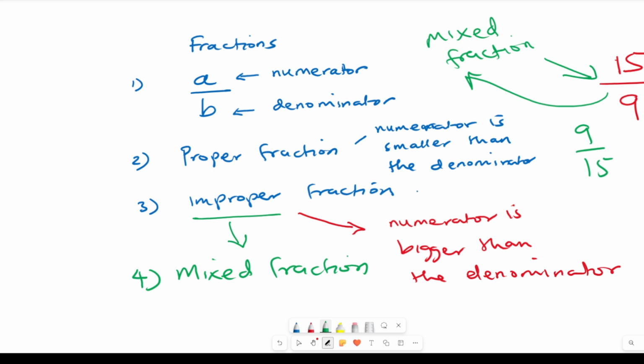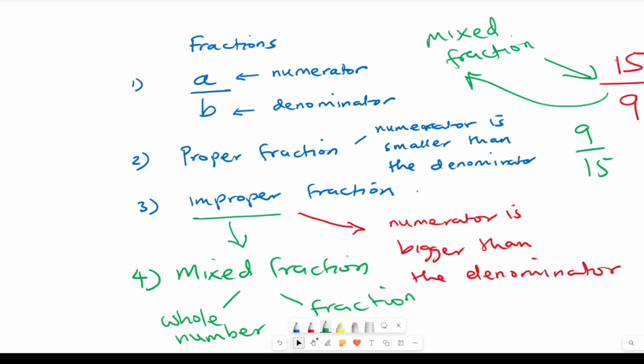A mixed fraction simply is a combination of a whole number and a fraction. So it's mixed. It's not entirely a fraction because part of it is a fraction, part of it is a whole number. That is what is presented as a mixed fraction.